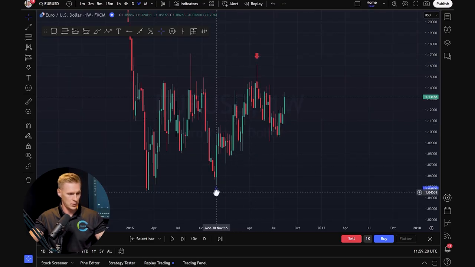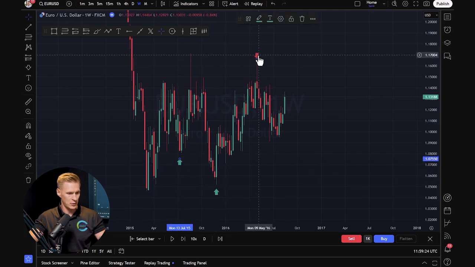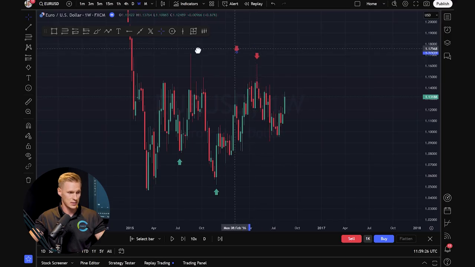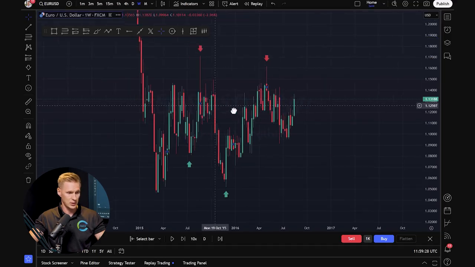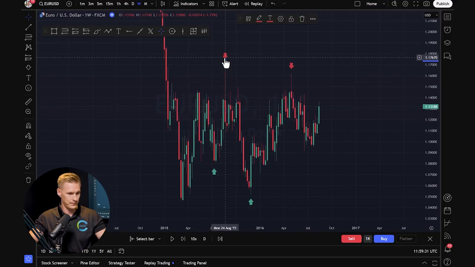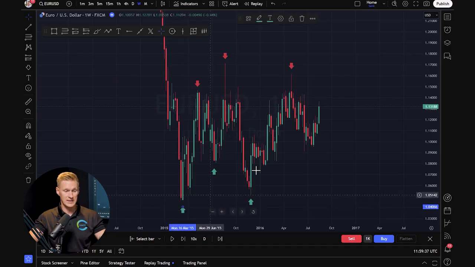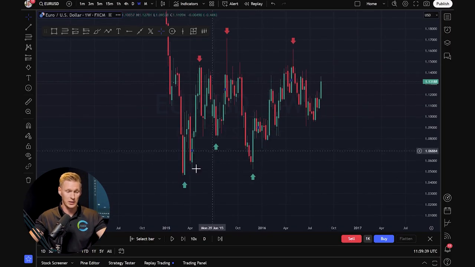This one is a low. This one is another low. We need 6 pivots in total. Now we have 4. Now we have 6. You can see we have 3 lows and 3 highs.